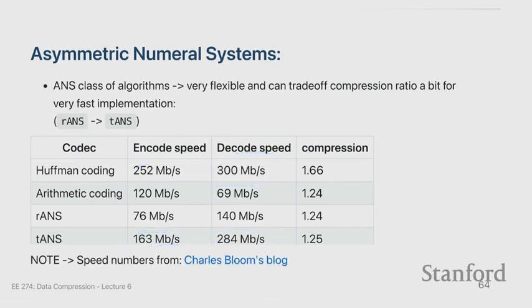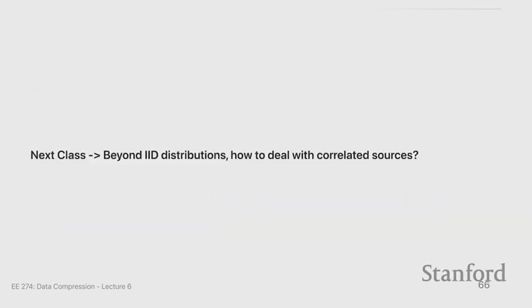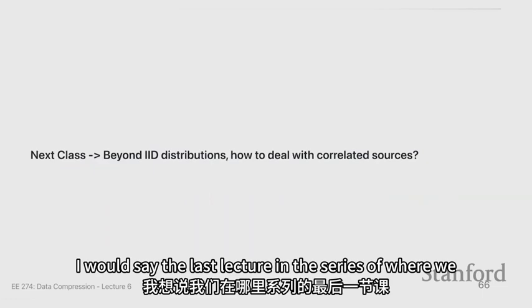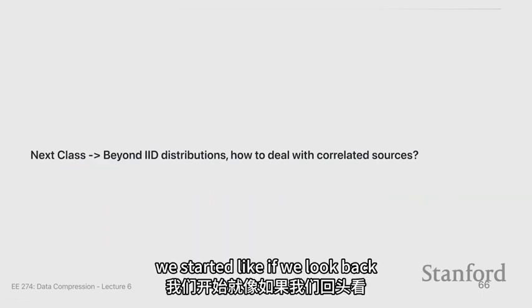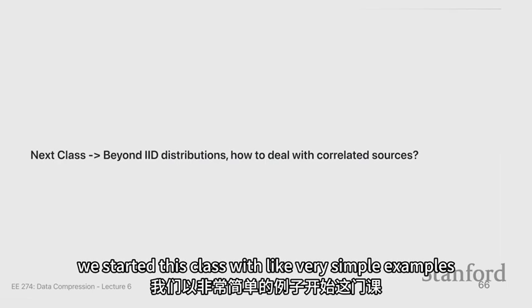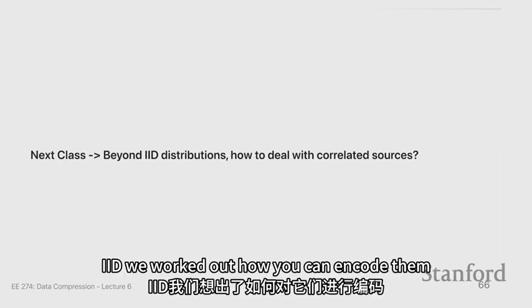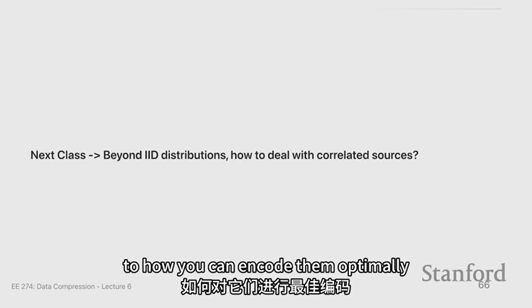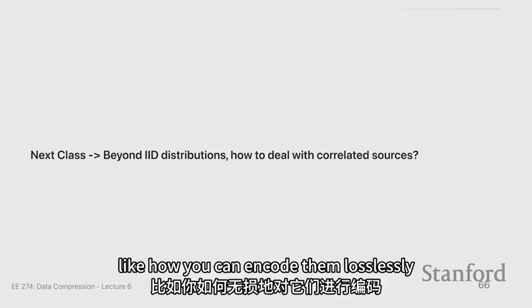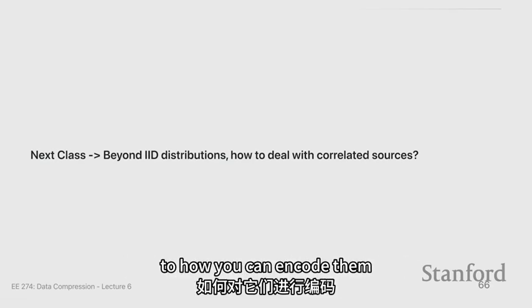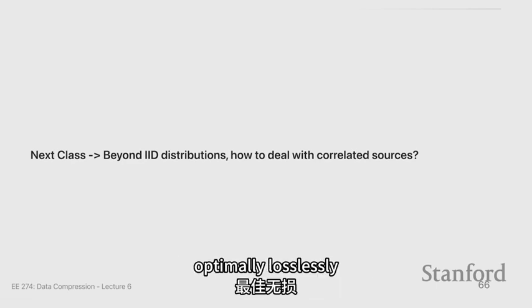Right? And this was, I would say, the last lecture in the series where we started. If we look back, we started this class with very simple examples, IID. We worked out how you can encode them losslessly, to how you can encode them optimally losslessly.